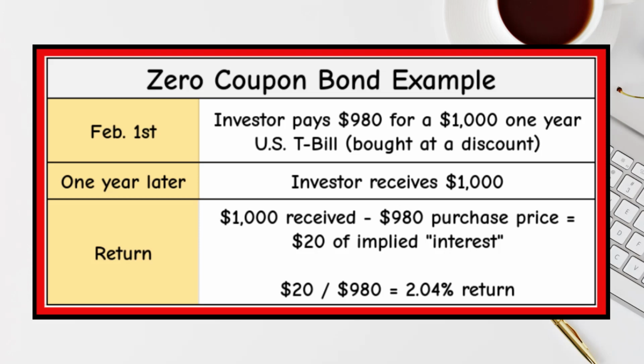The $20 difference effectively represents the interest that the investor receives, even though there is technically no interest rate set. If you take the $20 and divide that by the original price of $980, you get an implied annual interest rate of about 2.04% for that Treasury bill.